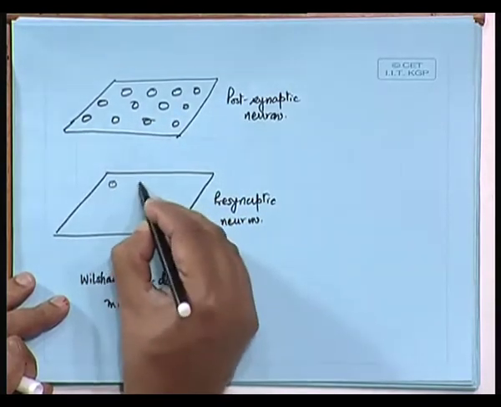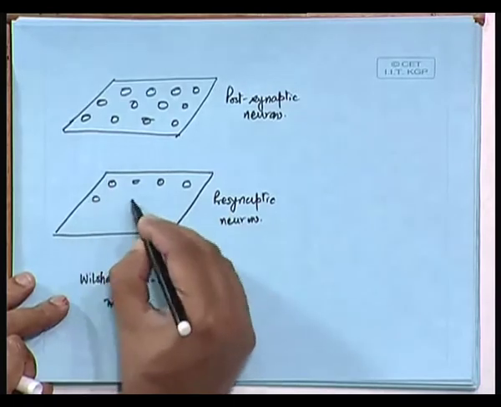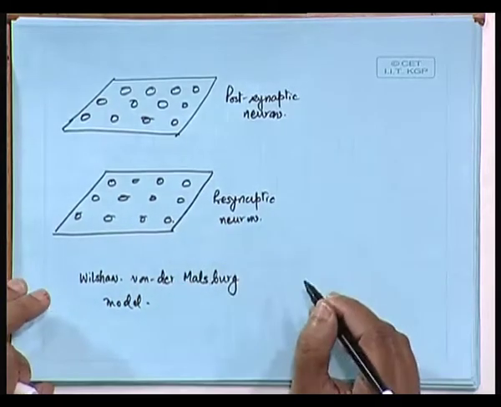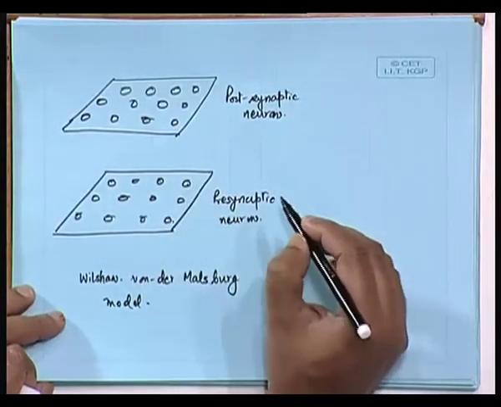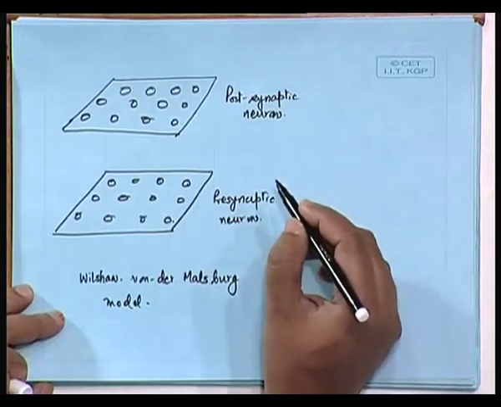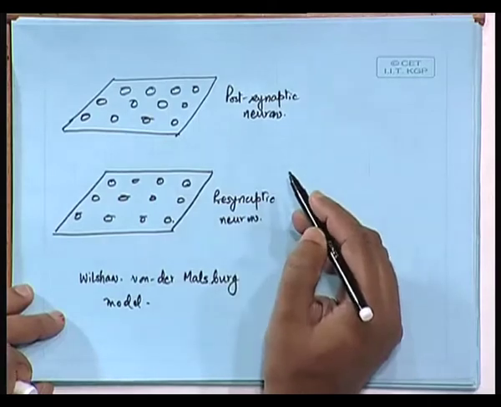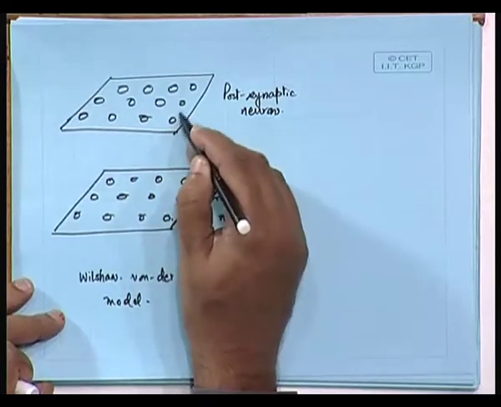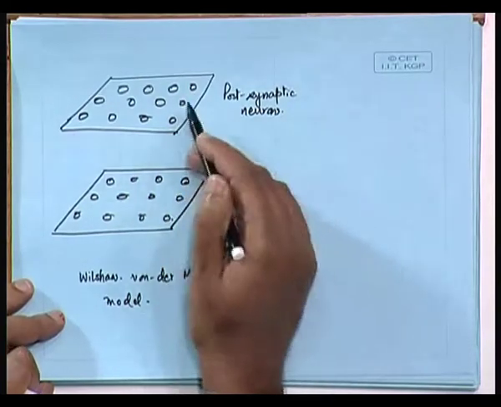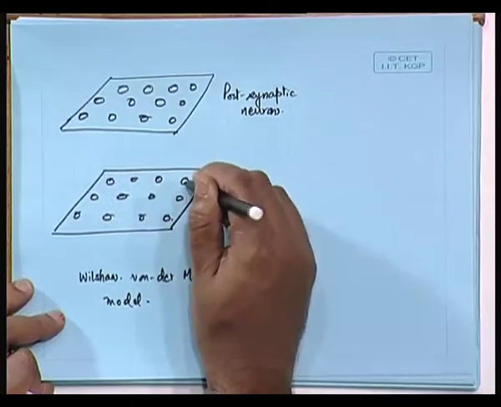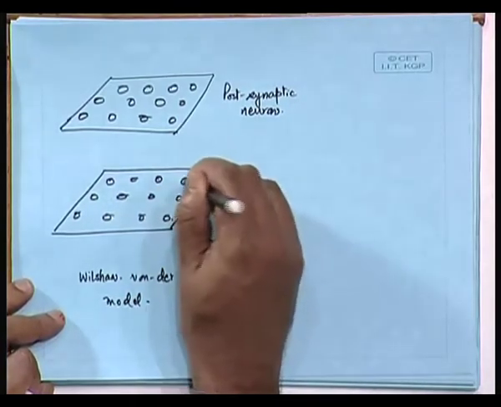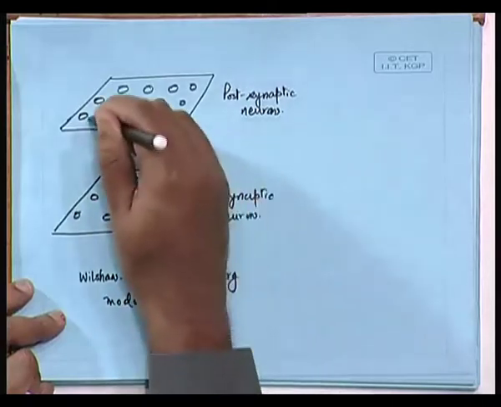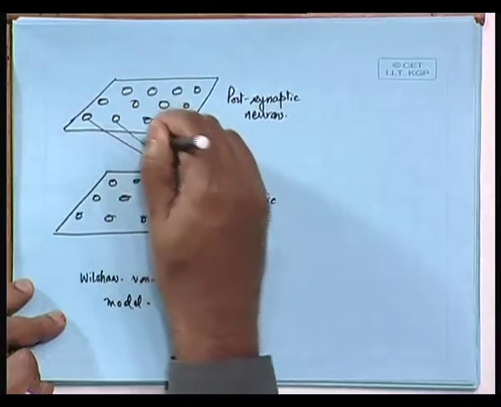Now, let us take any one of the neurons belonging to the presynaptic layer, and it will be connected to the postsynaptic layer, fully interconnected in fact. All the postsynaptic neurons will be fully interconnected to the presynaptic neurons, so that we can draw the connection from, let us say, this neuron, and it will be connected to all the neurons in the postsynaptic layer. So, we can draw the connections.